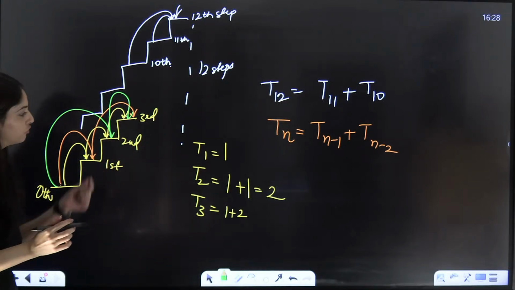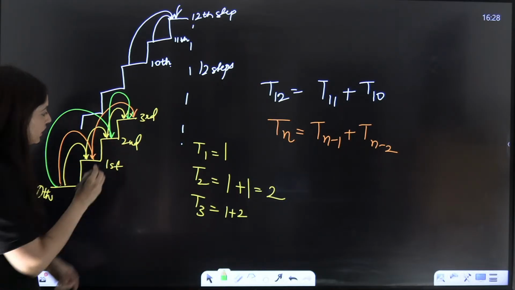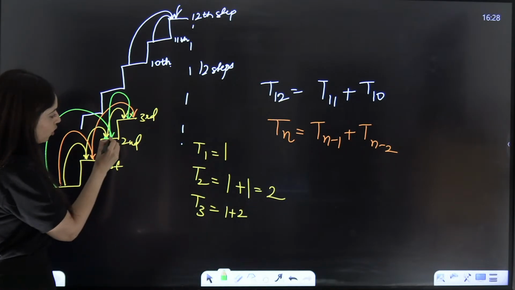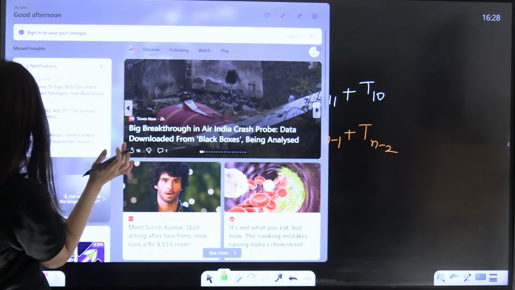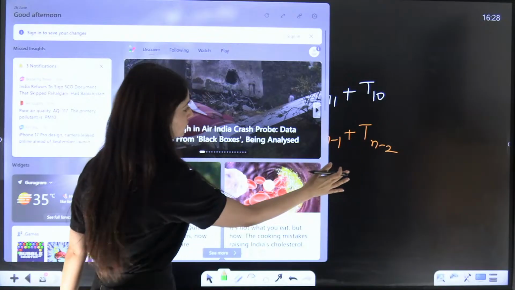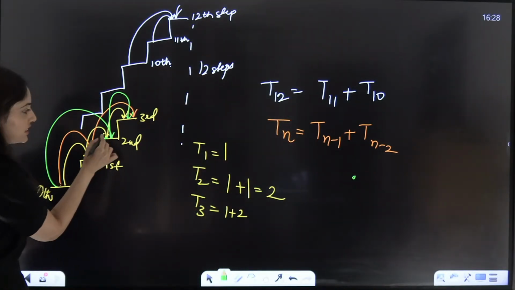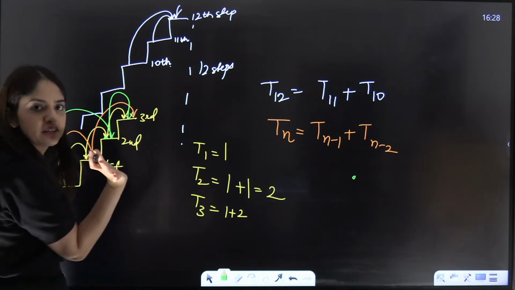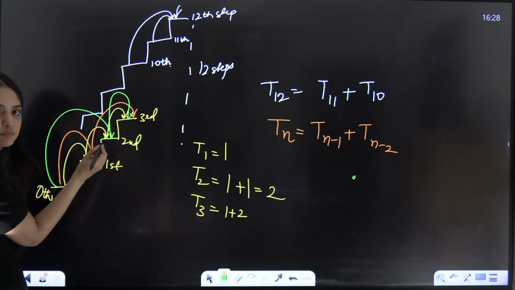That means once we have reached the second step, either the yellow route or the green route, there is exactly one way of reaching the third step. And how many ways of reaching the second step were there?